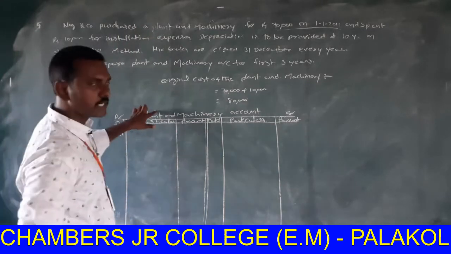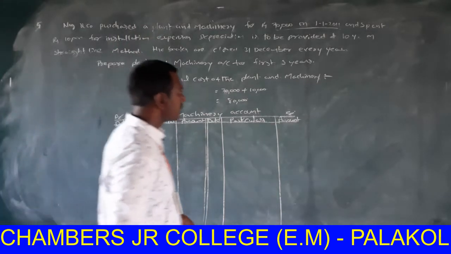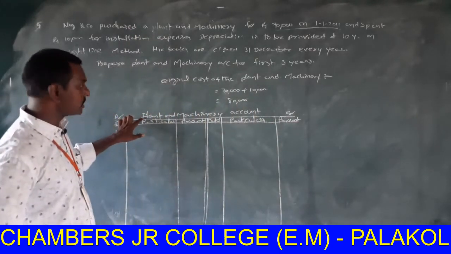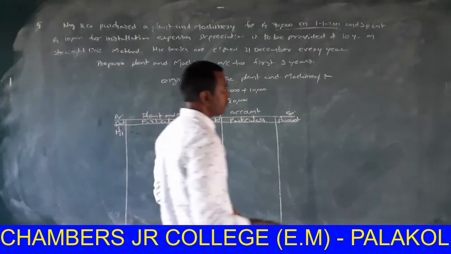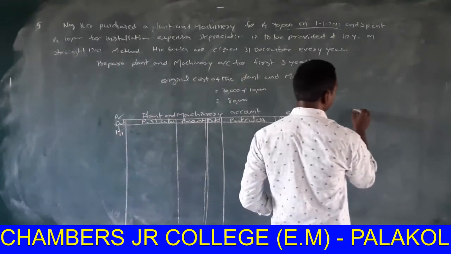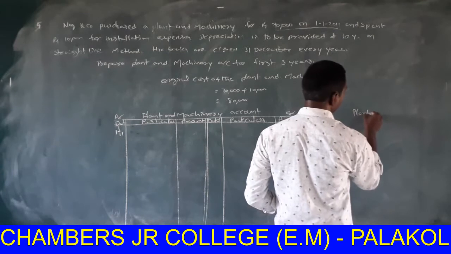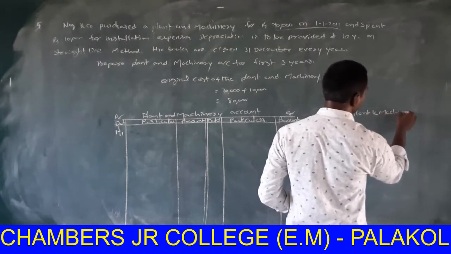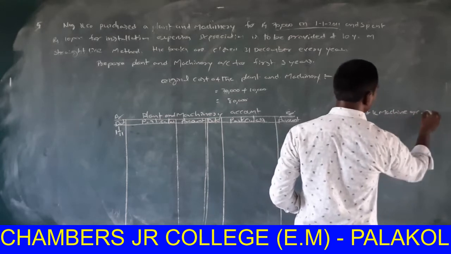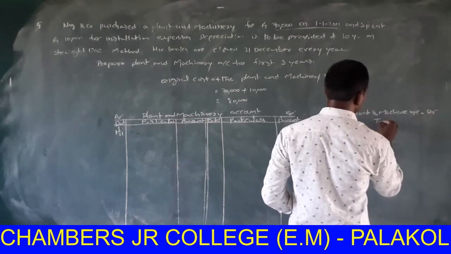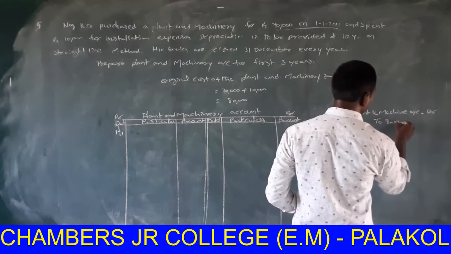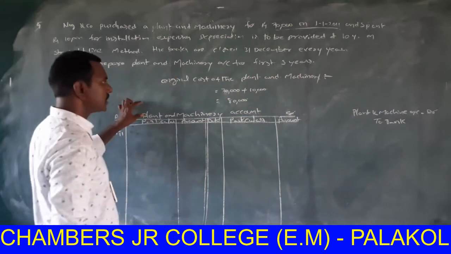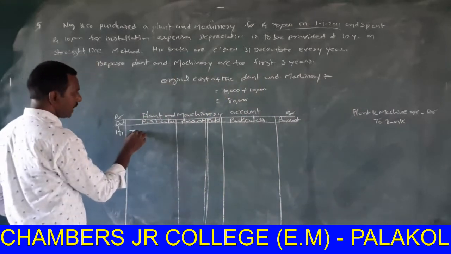If any machinery is purchased, the journal entry is: plant and machinery account debit to bank account.